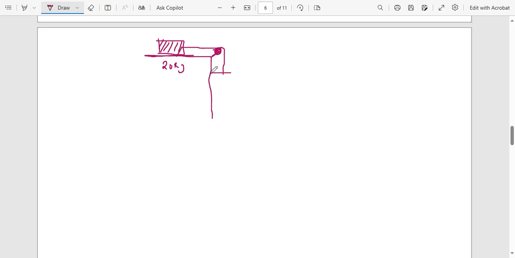It is hung, and this box here has got a mass of 50 kg. So the question is, what is going to be the tension in the cable, and what will be the acceleration of these objects? Let's say, for example, on this table, there is also friction. Let's say the coefficient of friction is 0.1.